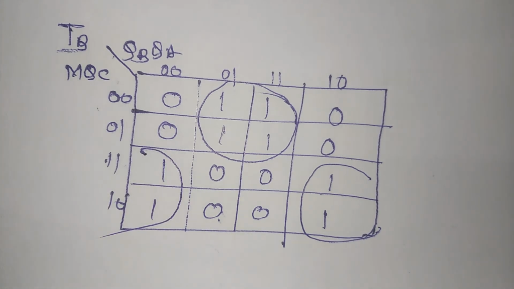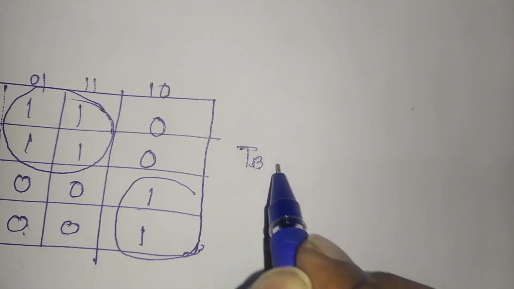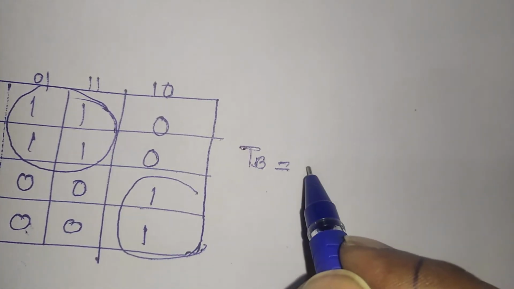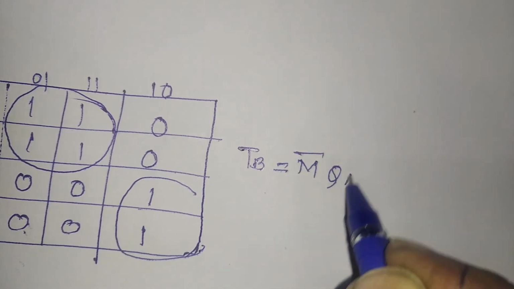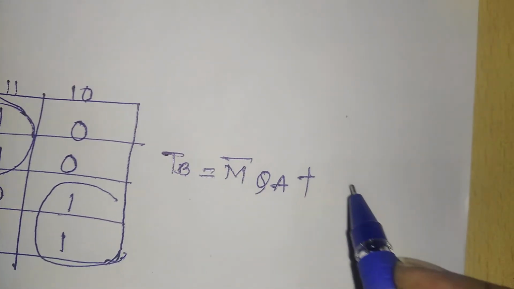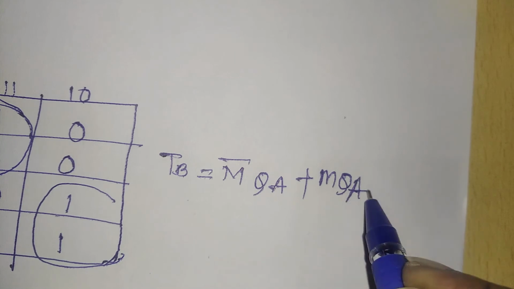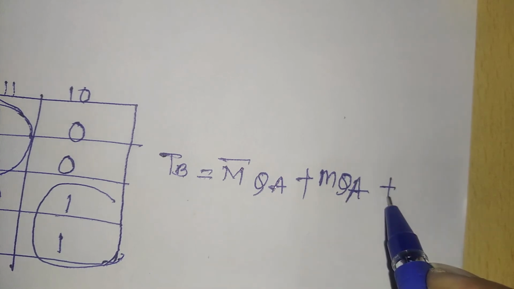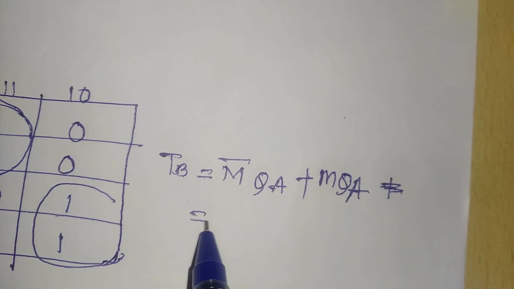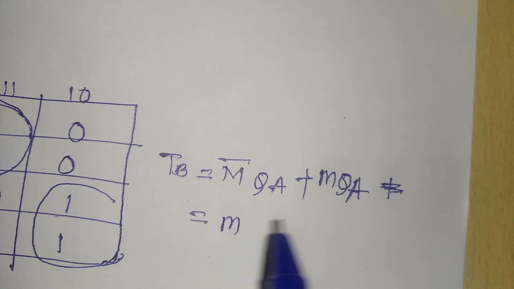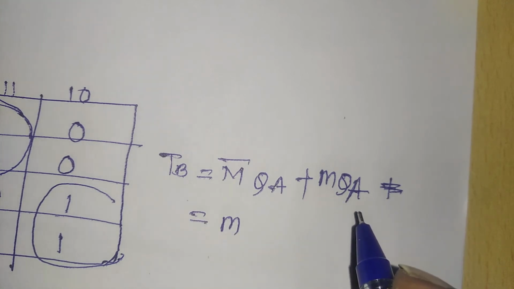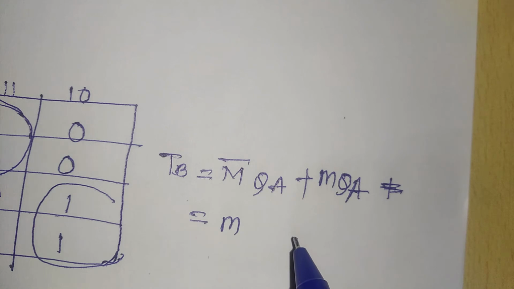Now, the equation we are getting is TB is equal to M bar QA plus M QA, which is equal to M XOR QA.